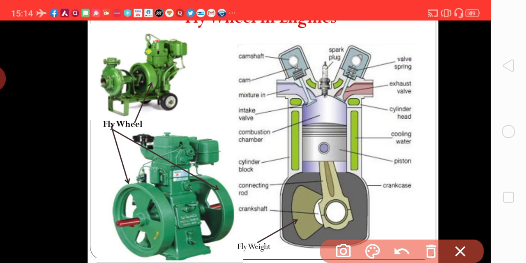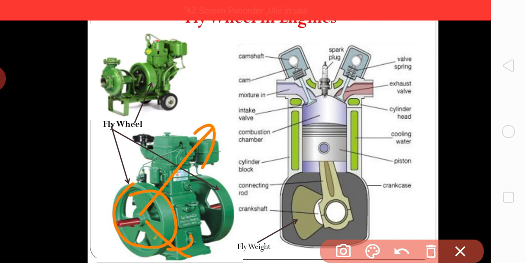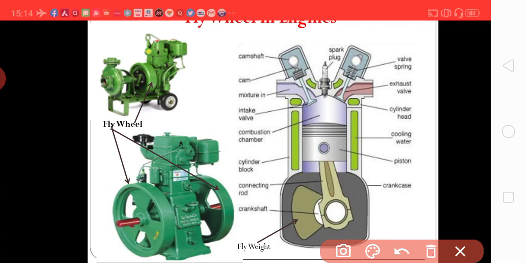When this wheel is rotating, there will be a centrifugal force acting outwards. So the wheel should not get broken due to this centrifugal force. That's why we are giving sufficient material in these 3 webs, and the remaining mass we are moving outside on the periphery.